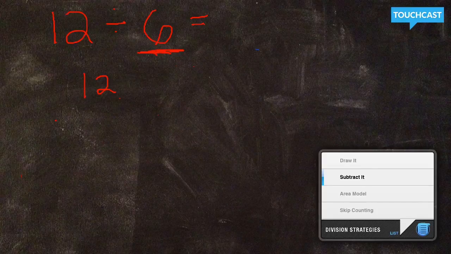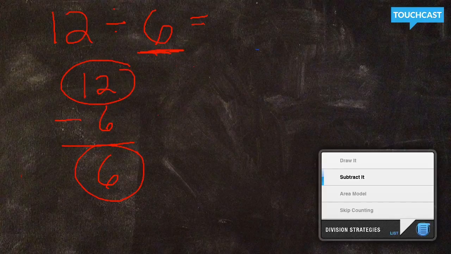All right, so let's get started. 12 minus 6 is equal to 6. So remember, you circle the last number, that 6 that you end with, and the first number you started with. And we only subtracted 6 one time from 12, and then we got 6. So that means that 12 divided by 6 equals 2.